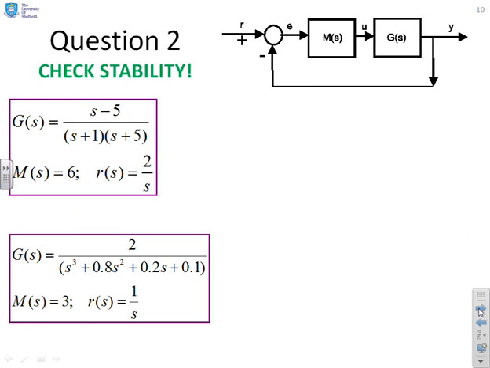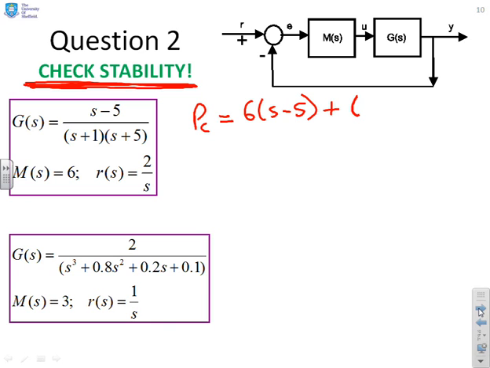So you're given a reminder here. This question didn't tell you that the closed loops were stable, so the first thing you've got to do is check for stability. So I'm going to write down what the closed loop pole polynomial will be for this g and this m. So you've got 6 times (s minus 5) plus (s plus 1)(s plus 5).